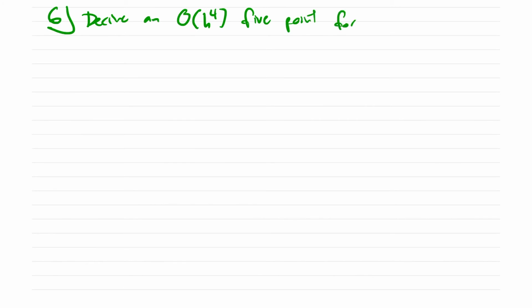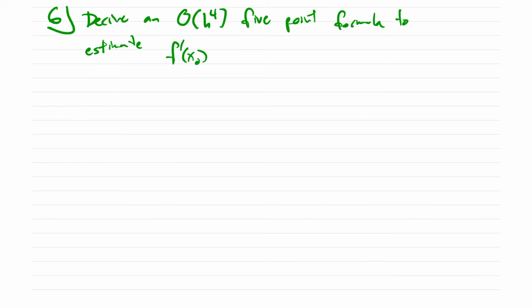So 6 says derive a big O of h to the 4 5-point formula to estimate f prime at x naught.